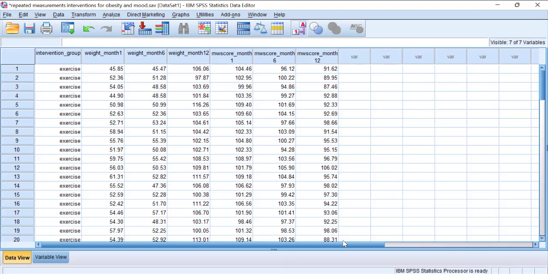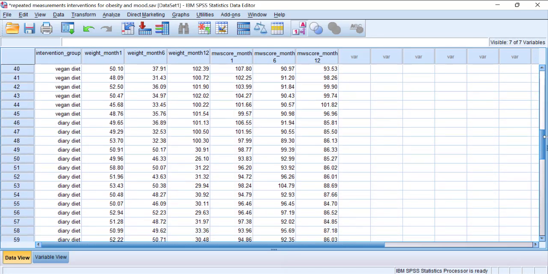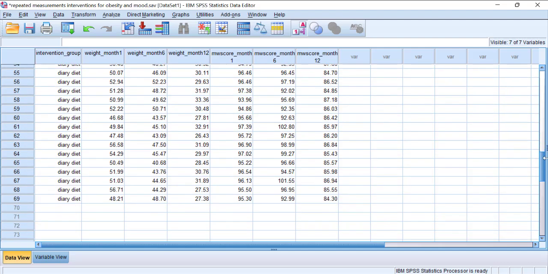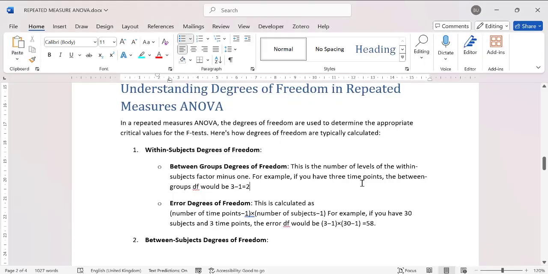So in my research, how many subjects do I have here? I have 69 subjects. So for my own research, that will be 3 minus 1 multiplied by 69 minus 1. So that will give me the degrees of freedom.